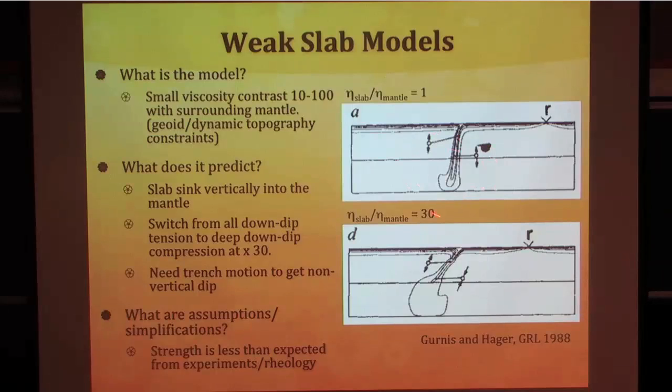And with no viscosity contrast, you basically go down, and here it's hitting the bottom of the box, so you can ignore that. Here, you have a small jump in viscosity, and this weak slab still basically sinks down, but the interaction with the viscosity jump into the lower mantle actually forces it to roll backwards. So it actually rolls backwards and creates this shallow dip. All right.